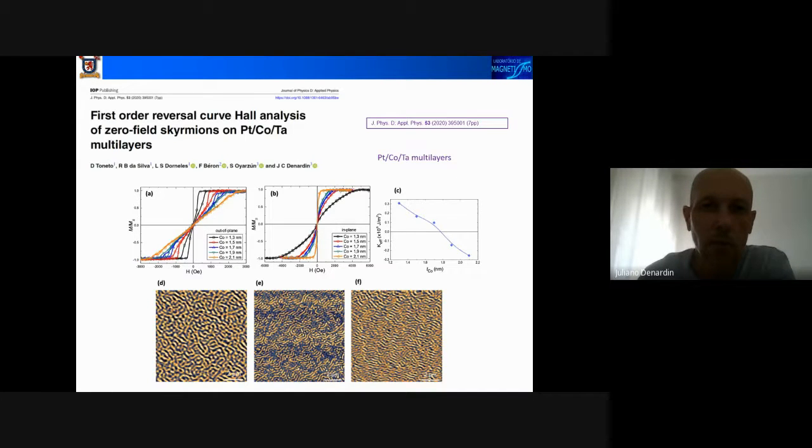From a simple relation with this field, you can get the anisotropy, and the samples that have lower cobalt thickness have higher anisotropy. When the anisotropy is positive, this means the easy axis is out of plane, perpendicular to the plane of the sample. And when the anisotropy is negative, it means that the easy axis is in the plane of the film.